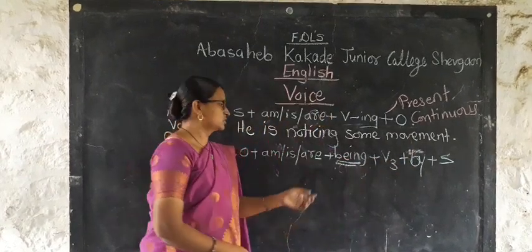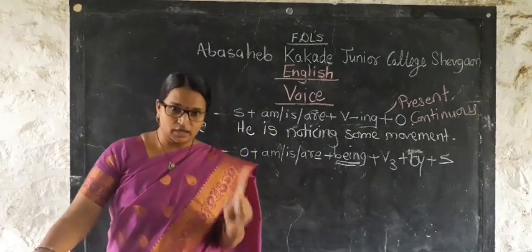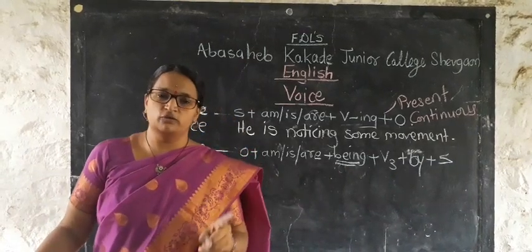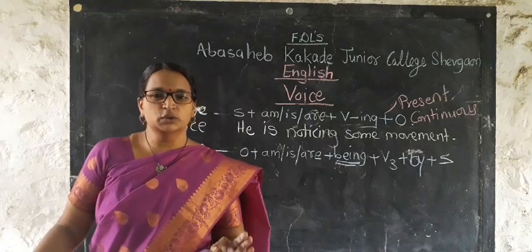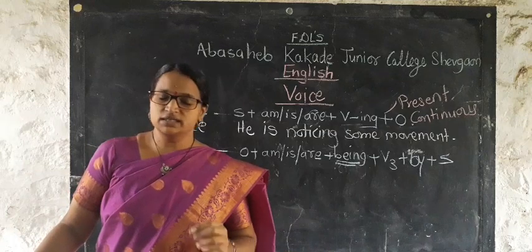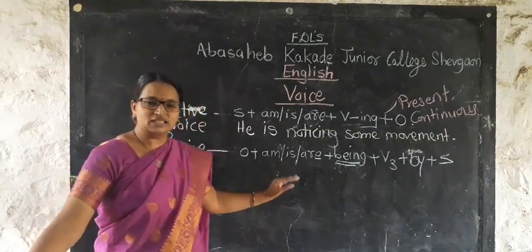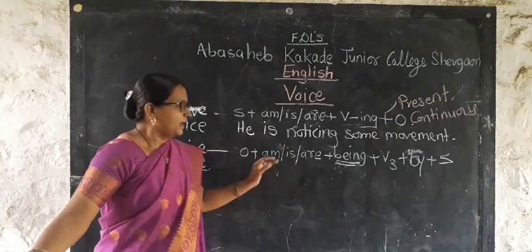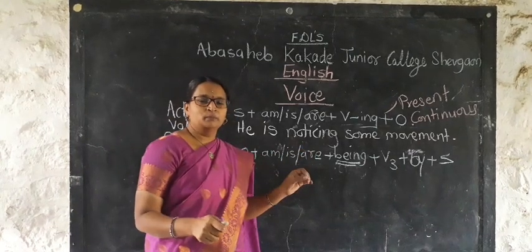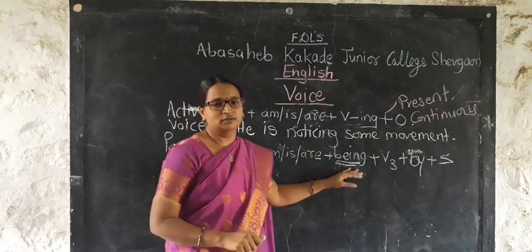Now there must be a question in your mind why we have to use being, because always remember in passive voice we have to use third form of the verb, that is past participle, and here we have to use past participle of the verb and we have to remain continuous tense. That's why here we use being.